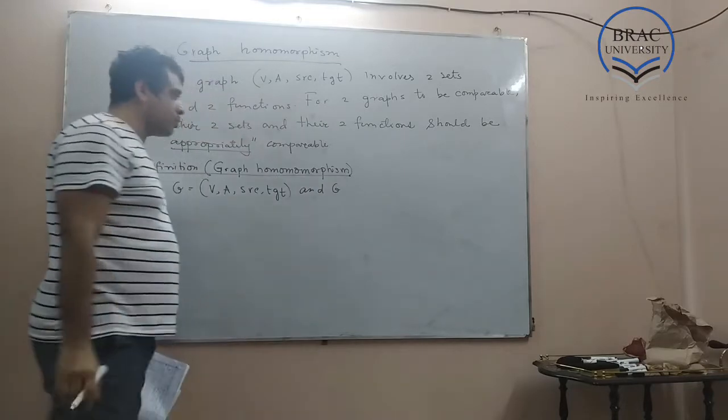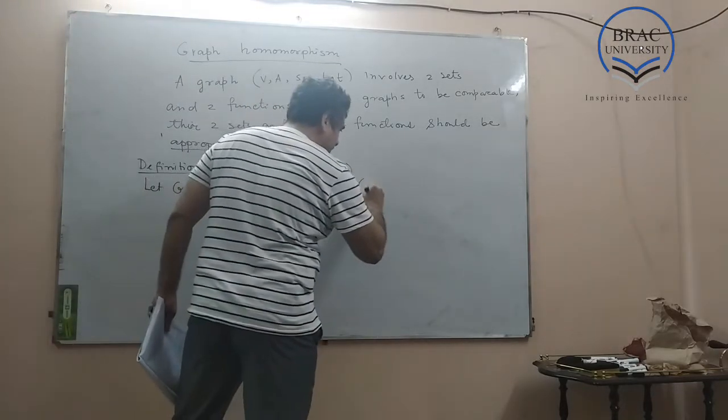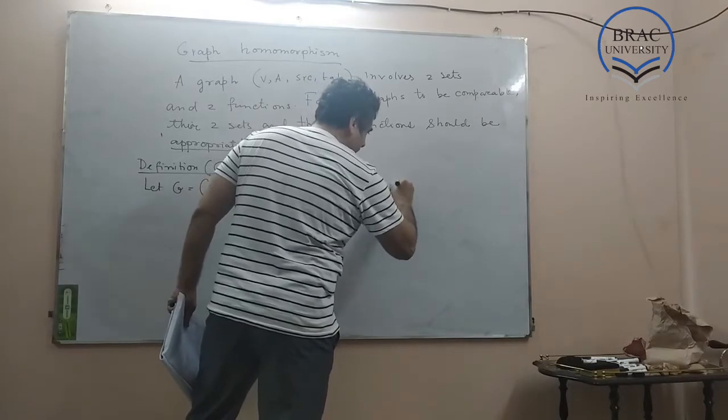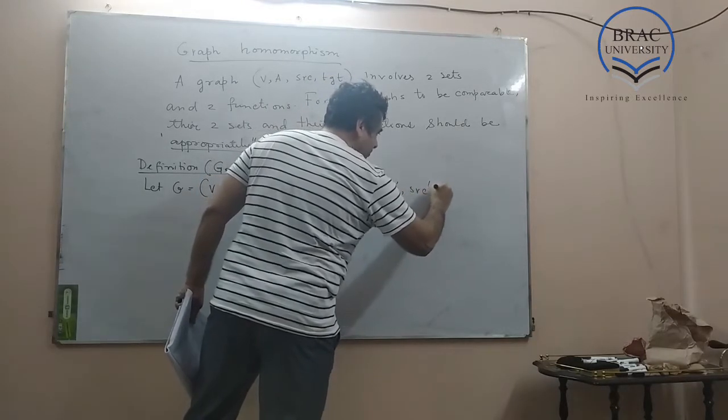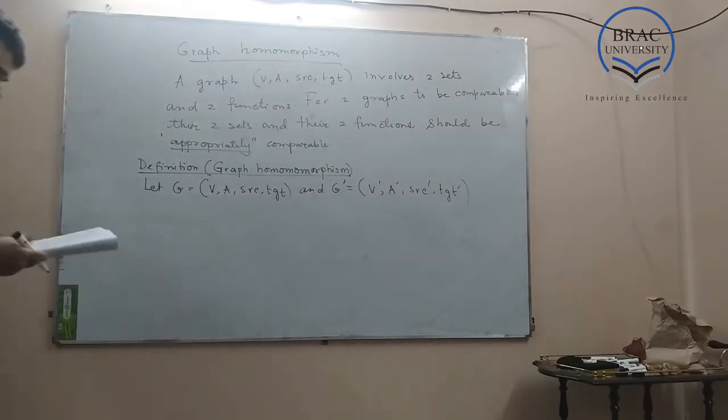So for graph homomorphism, we need two graphs. So the other graph is given by V prime, A prime, SRC prime, TGT prime.